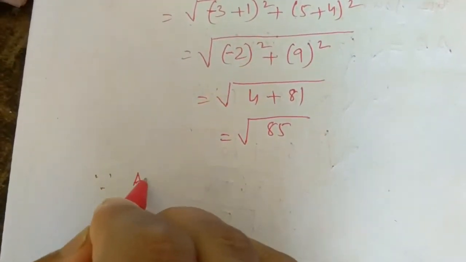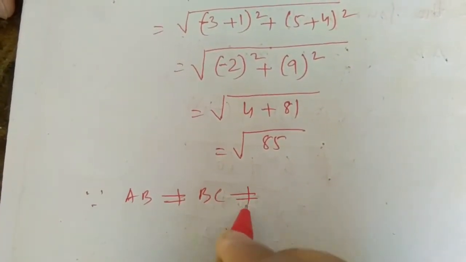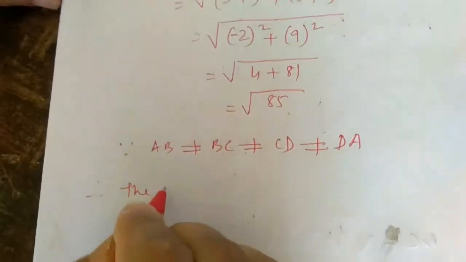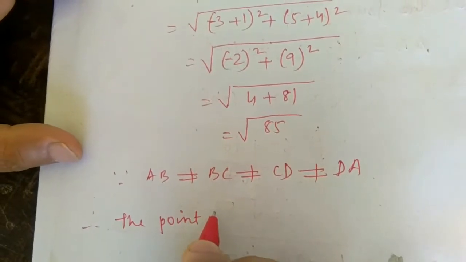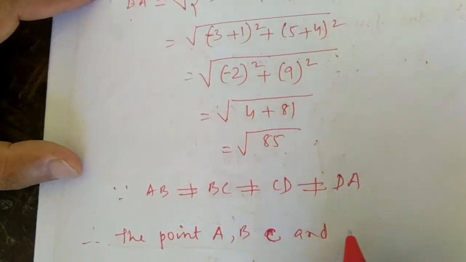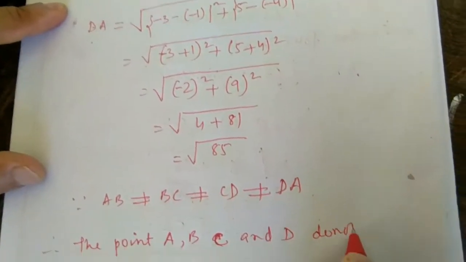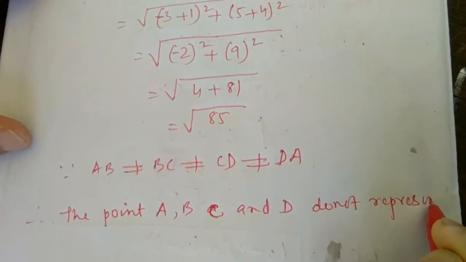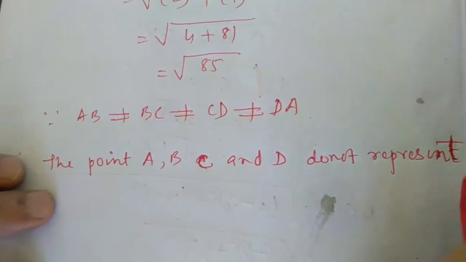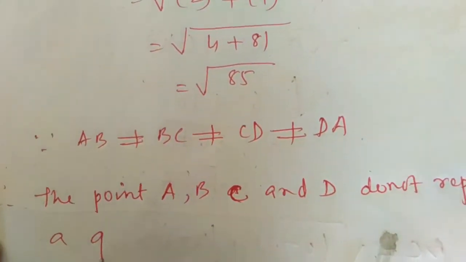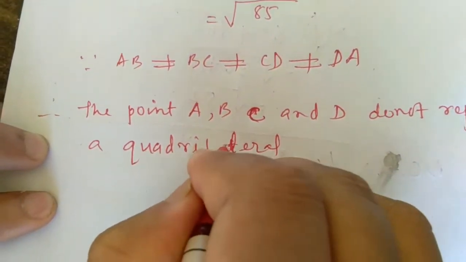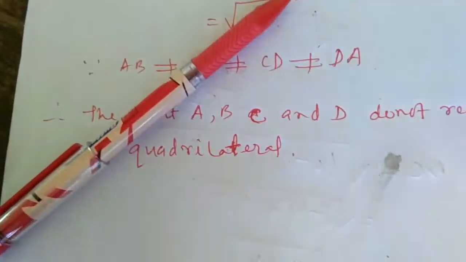So since AB is not equal to BC is not equal to CD is not equal to DA, since all the sides are not equal, therefore the points we have taken, A, B, C and D, do not represent a quadrilateral.